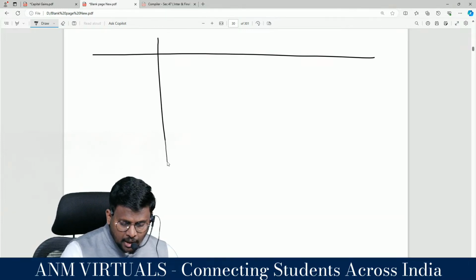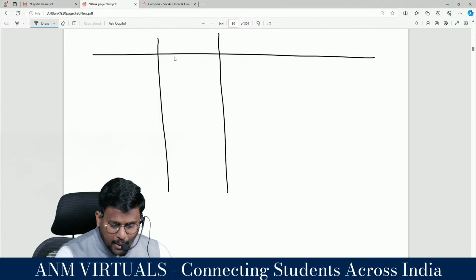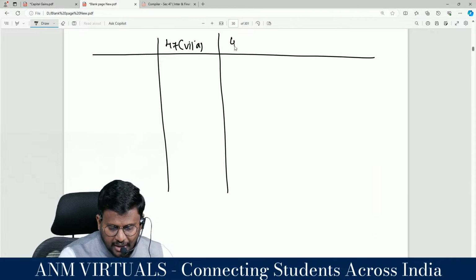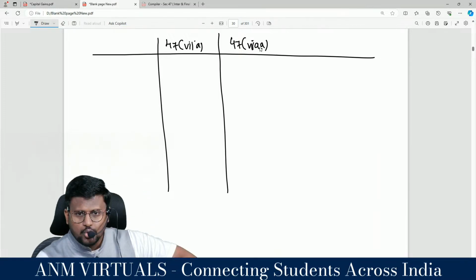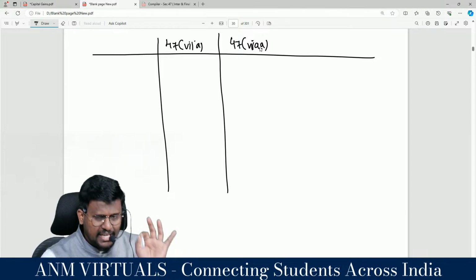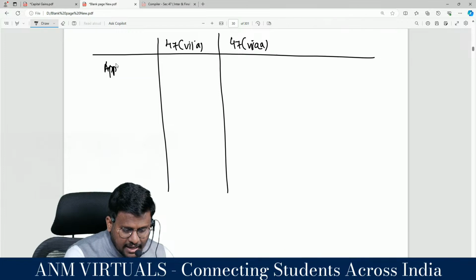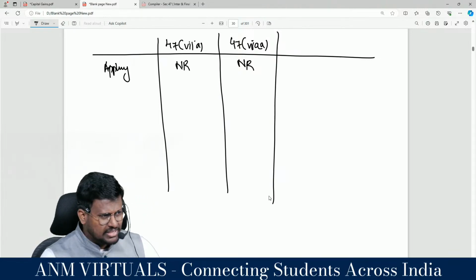Okay, sir. So I am generally not talking about 47 clause 7, whereas 47 clause 7A and 47 clause 7AA, so two sections we have actually talked about. The 7 series is applicable to whom? Non-resident. So we can say the applicability is non-resident to non-resident.